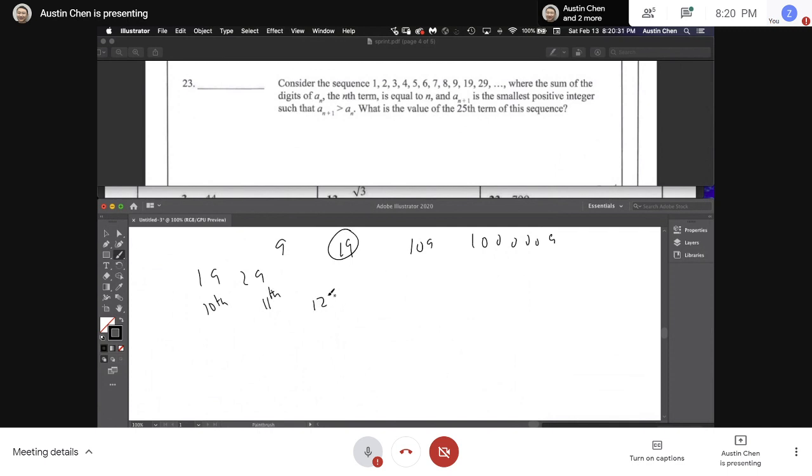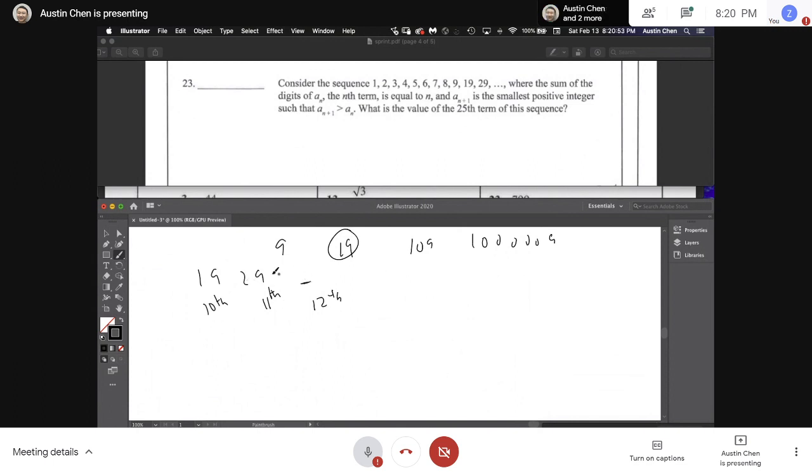Let's think of our 12th term. It has to be greater than 29, but we want to make it as small as possible. Now, the tens digit will have to be 3 or greater, because this integer will have to be at least 30, since it has to be greater than 29.